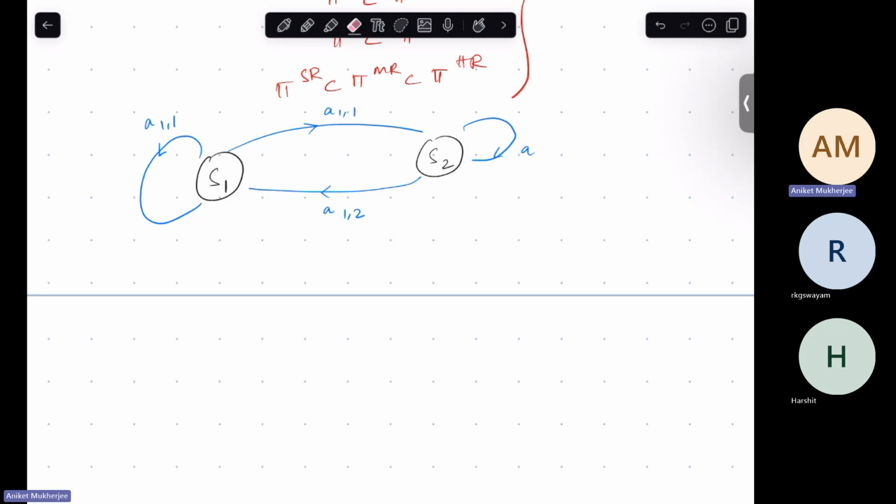So basically I have two states, S1 and S2. S1 has two actions, A11 and A12. S2 has one action, A21.